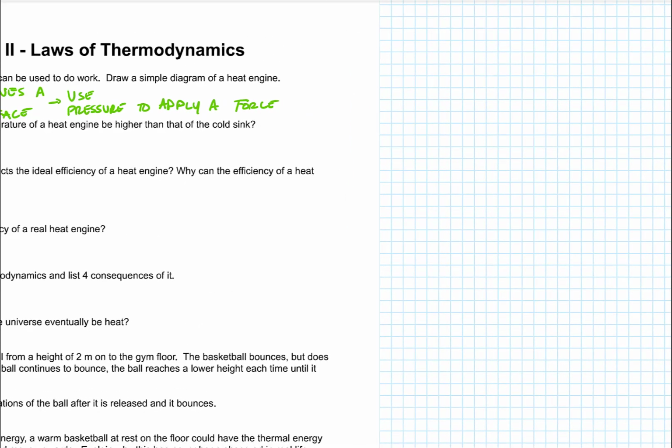So for a simple diagram of a heat engine, this one was a closed system, I think, that we saw in our notes. We have a boiler. We'll put a little fire underneath of it. So we've got heat in. It's got water. We'll put a little spout there.